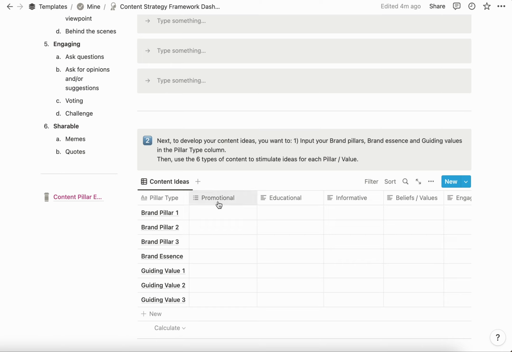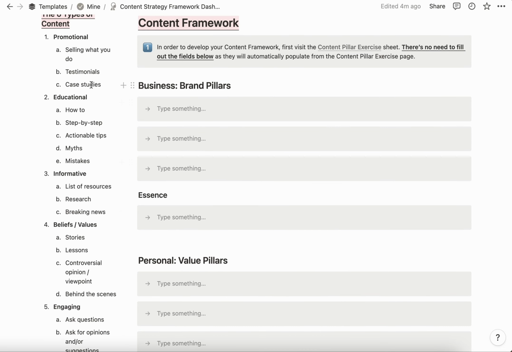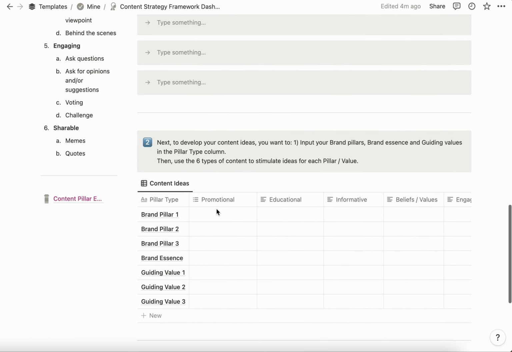So then I think about, okay, if I was to write a promotional post, what could I write that would be fitting with closing more leads? And I might talk about a case study, right? Or share a testimonial from a client who's closed more leads. And so that would be a way to generate ideas around this type of content and this brand pillar.